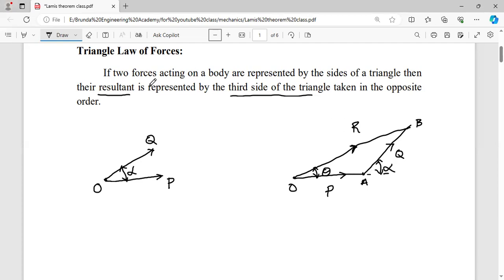Now the statement is: if two forces acting on a body are represented by the sides of the triangle, it is one side and it is another side, then the resultant is represented by the third side of the triangle.